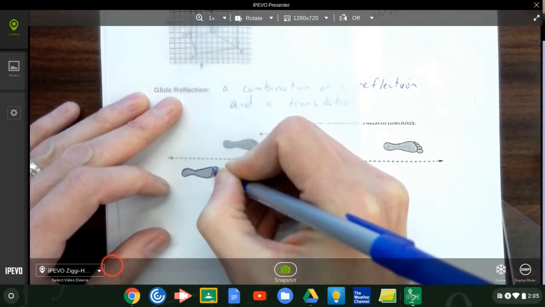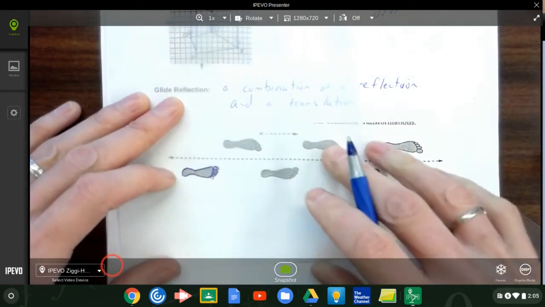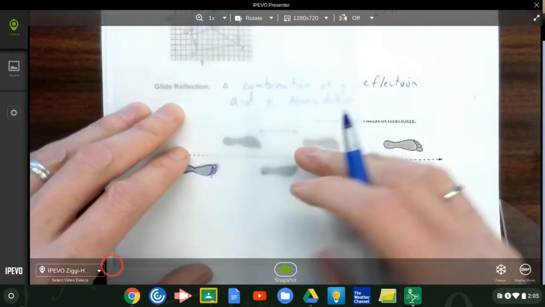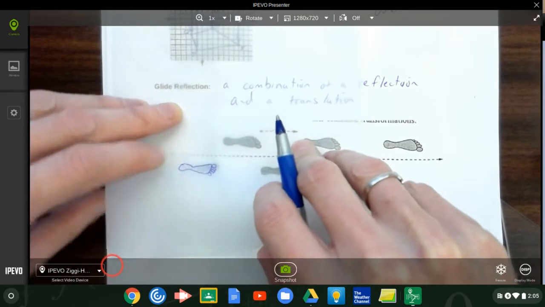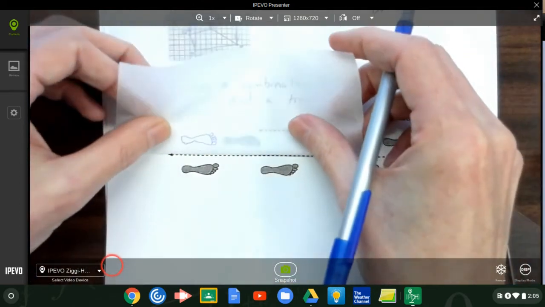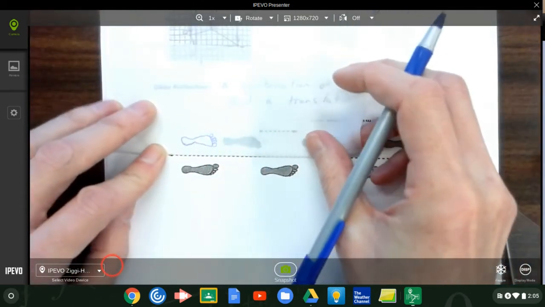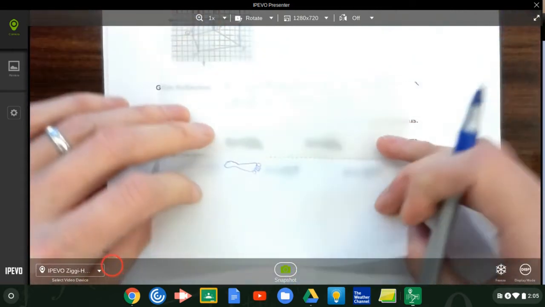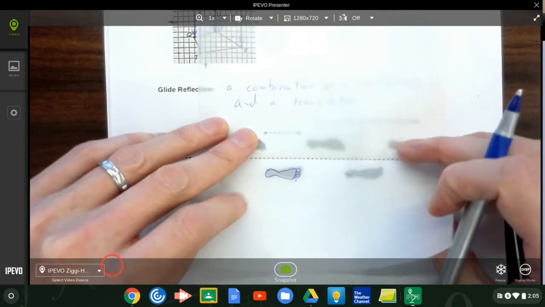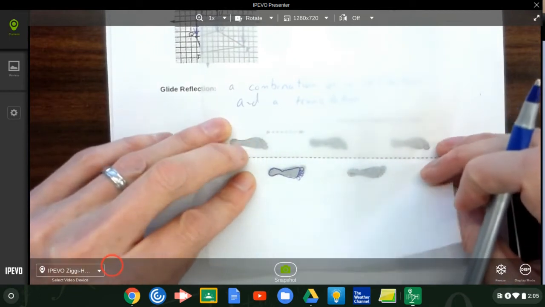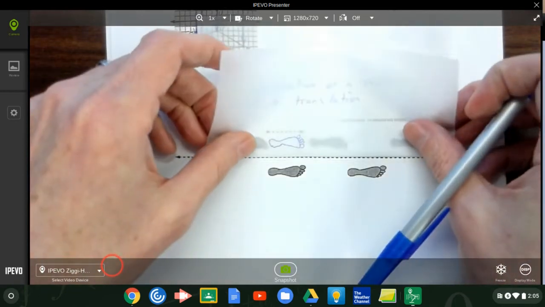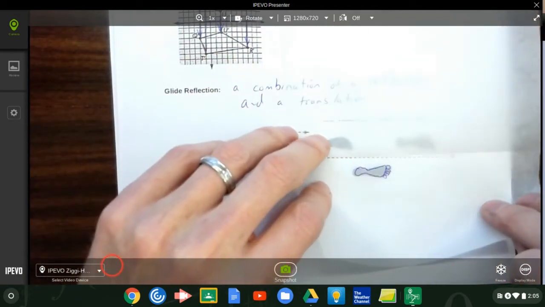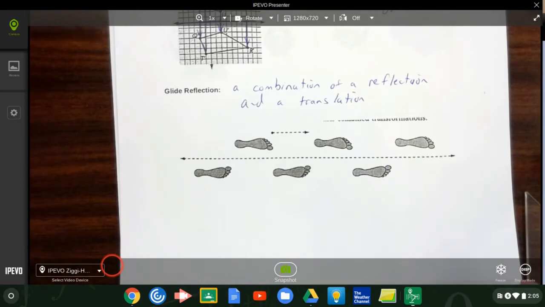I'm going to try to copy it the best I can. I'm not very good at it. And if I reflect over the line, I can't pick the paper up. There we go. Reflect over the line. There's my foot. And then slide it. And then I can reflect it again and slide it. So that's what we're doing with a glide reflection. It reflects and glides. Reflects and glides. Okay? So that's all there is to that.